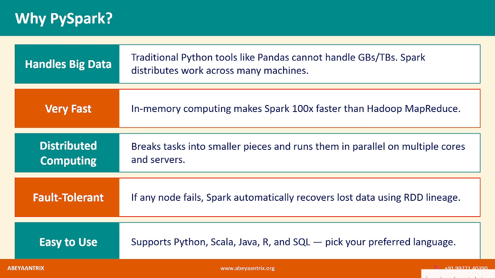Because I have broken up the single task into 10 tasks, for each system I have assigned one task, and every system is running its task. If one system fails, then there is no connectivity, and everything will be lost because that is also a part of the task. If that fails, I cannot do the data analysis properly. So to avoid that, it has this automatic recovery. Whenever any node fails, the data it was processing can be recovered automatically and assigned to another system, or you can replace that system with another one.